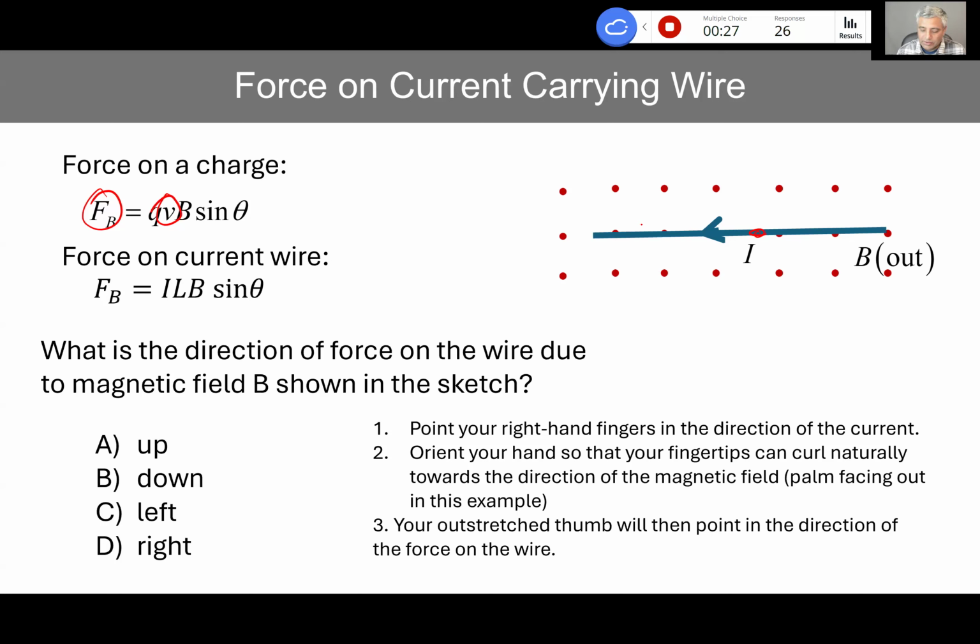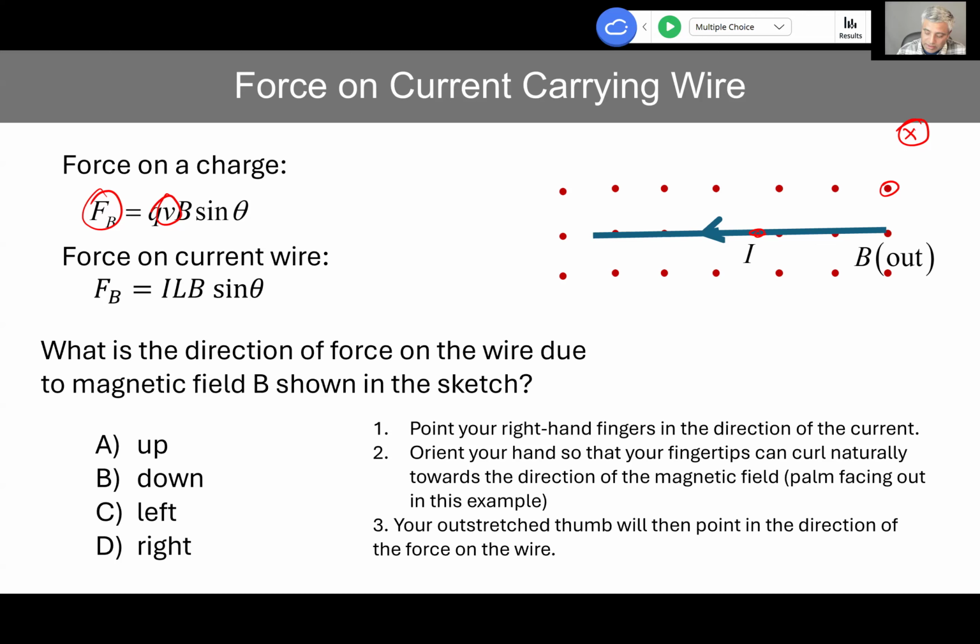The current is going this way, so that means your finger should be going left on the screen. And your palm should be pointing... See, the B is out. And by the way, on the test, this "out" label is not going to be there, just the dot or cross. So you have to remember what dot means and what cross means. Your palm should be pointing up. Oh, I forgot to warn. Looks like all are in. I'm going to be closing in 5 seconds. Okay, 5, 4, 3, 2, 1, and it stops.